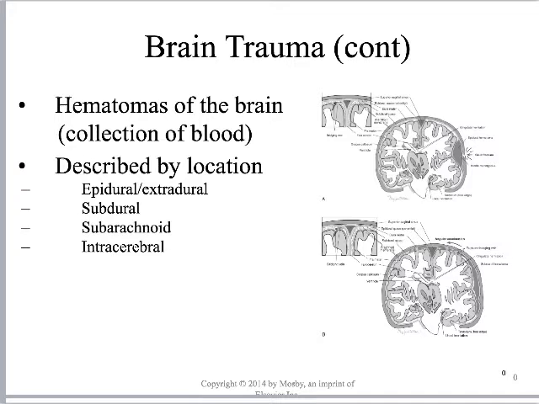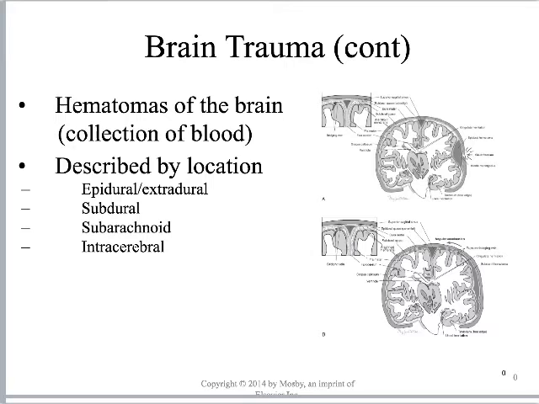Brain trauma. So hematomas, or collections of blood within the skull, are particularly problematic because if you can imagine, I think we've talked about this some in this class, we have an organ that is primarily fat cells or something like fat cells, and it's inside of the skull, and tremendous amounts of pressure can occur and displace things like the brain.